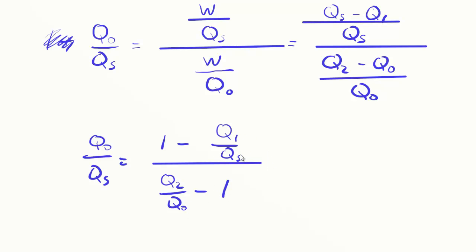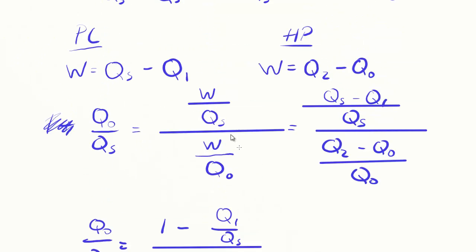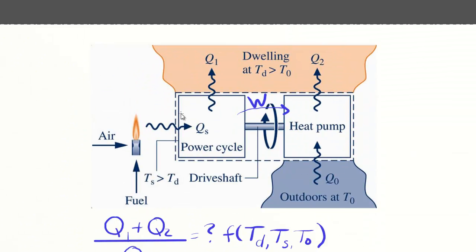Now, this ratio and this ratio both belong to their corresponding different cycles. So Q1 and QS both belong to this power cycle. Q2 and Q naught belong to the heat pump.